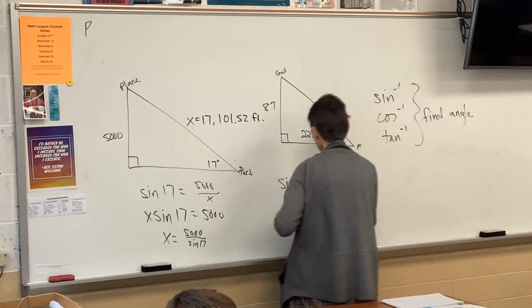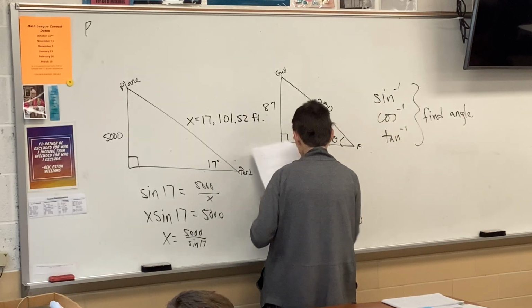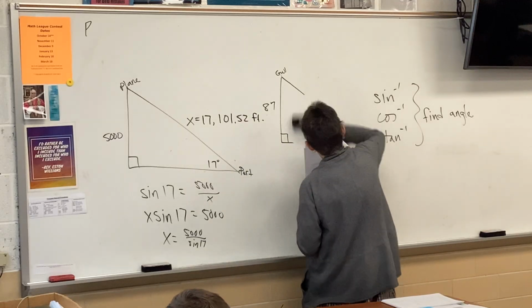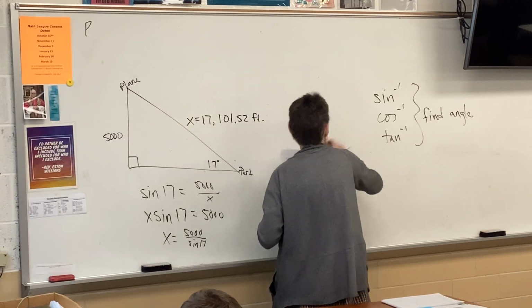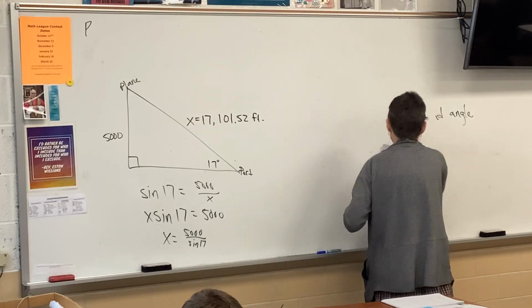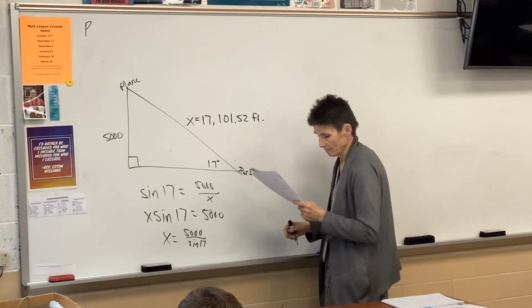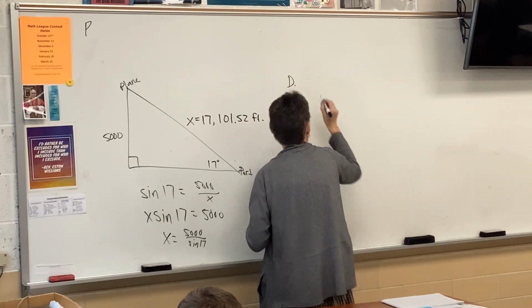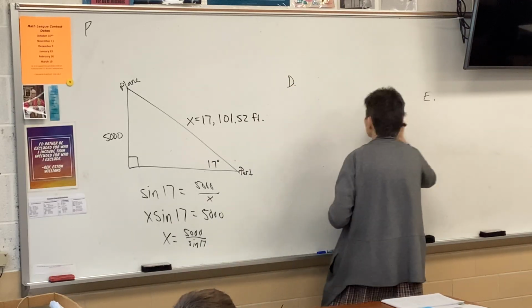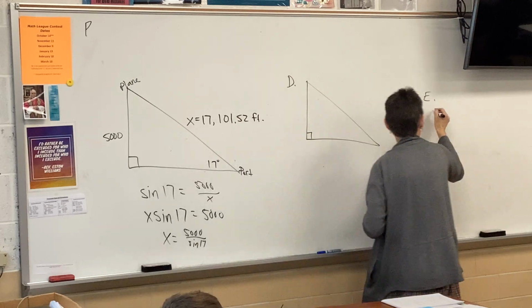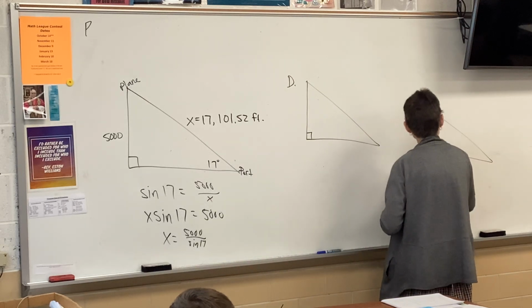Okay, do you feel like you can draw your own picture for number D? Yeah. All right, let's do it. We said that the angle of elevation is the same. Yep, always.